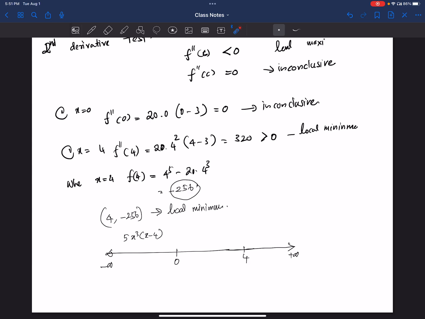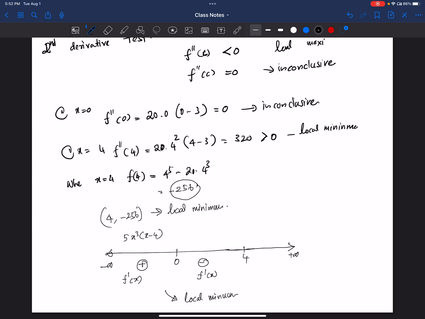So negative times negative is positive. That's f prime of x positive. Then if you put a value higher than 0, let's put 1, this is positive, but that is negative. So f prime of x is negative. The sign of f prime of x changes from positive to negative.